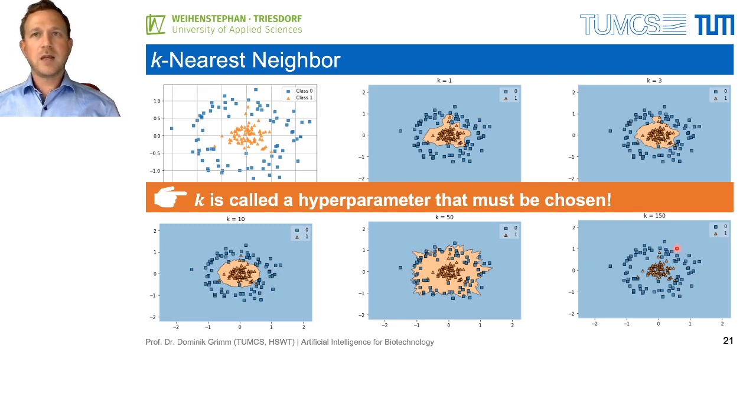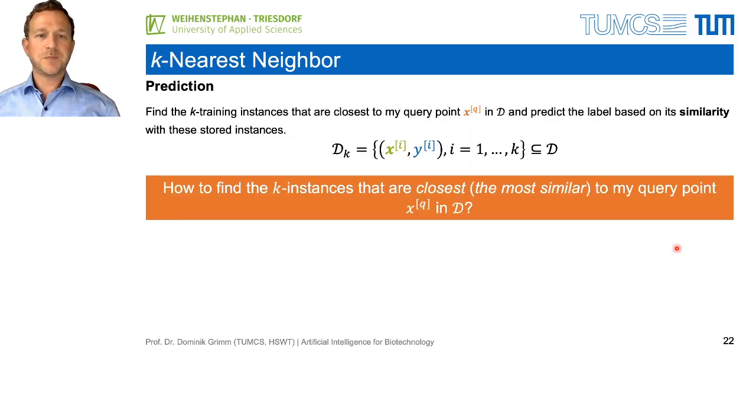So let's go back to the K nearest neighbor method. We said we have to find the K training instances that are the closest to my query point x superscript Q and predict the label based on its similarity. Now the question is, how do we find the K instances that are the closest to my query point x^Q in my dataset D?